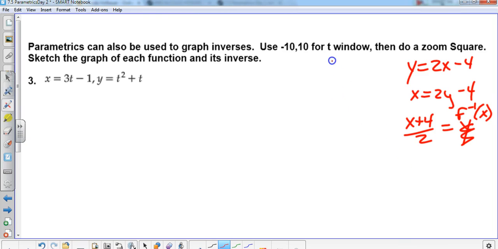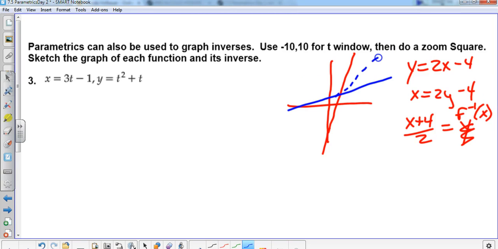Do you remember what happened when you graphed those? What happened to all the ordered pairs? They switched, and they were a reflection across the line y equals x. Does that sound familiar to somebody? I would like to think so.